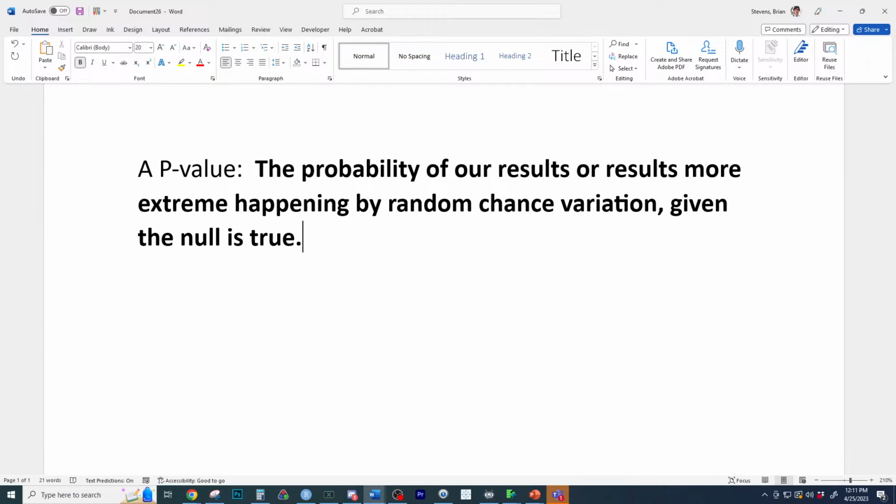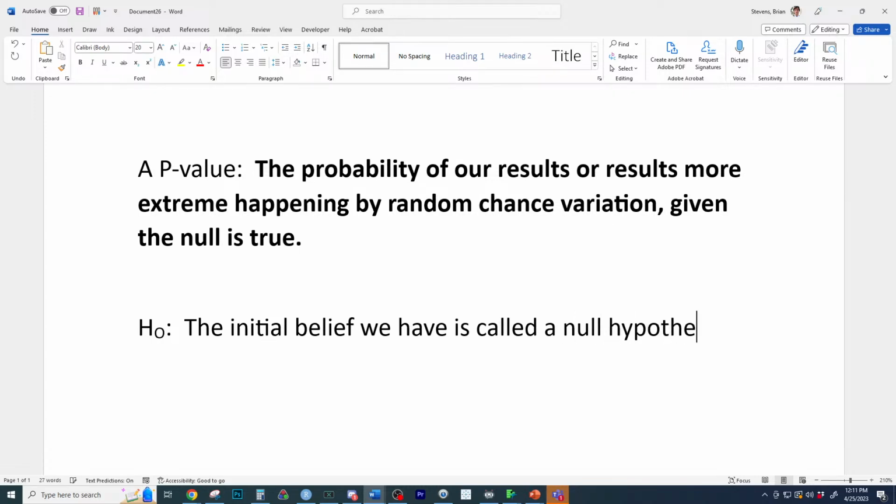Now, this really doesn't help us understand what a p-value is. It's just kind of a stat book definition. And so let's think about it. Null hypothesis, which is an initial belief. The initial belief we have is called a null hypothesis. We don't need evidence for this.